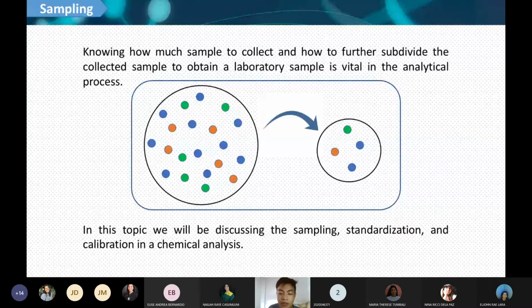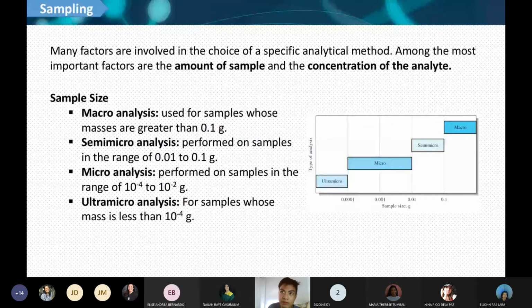And alam natin that after we get the samples, we process the samples and we analyze the samples, di ba? If you could still recall the graph sa chapter 0, after obtaining your sample, ano sunod? Process the sample, analyze the sample, then measure your results.